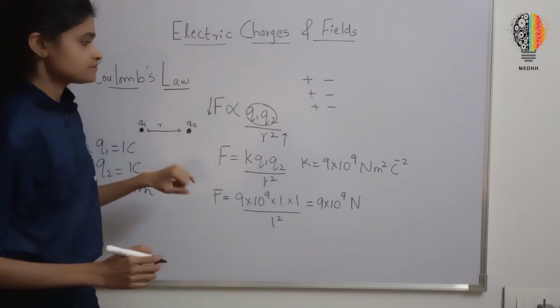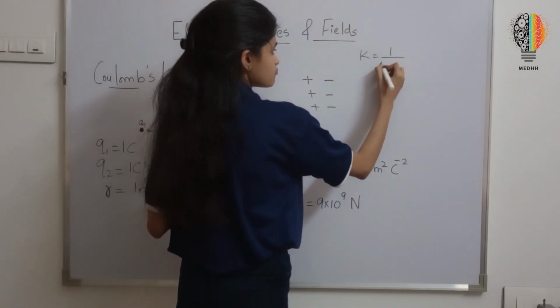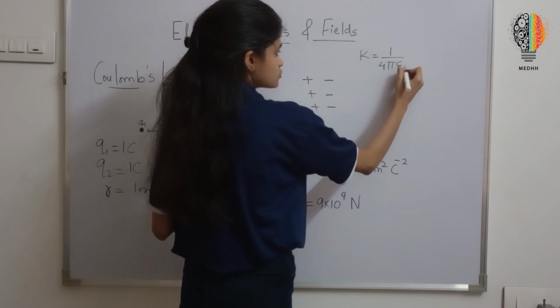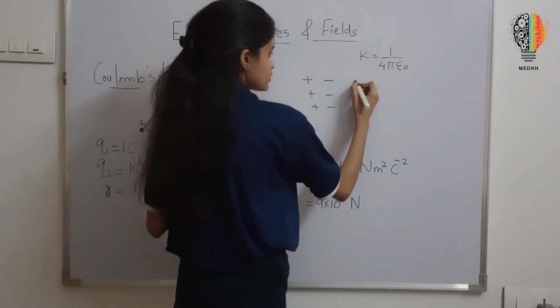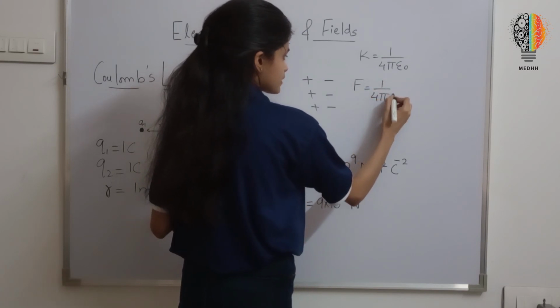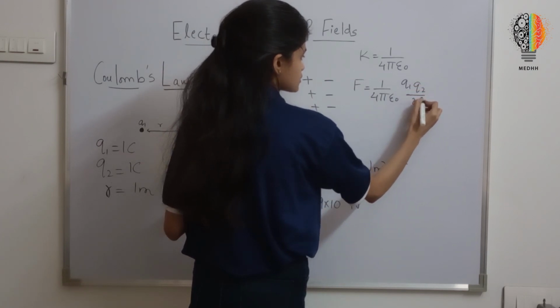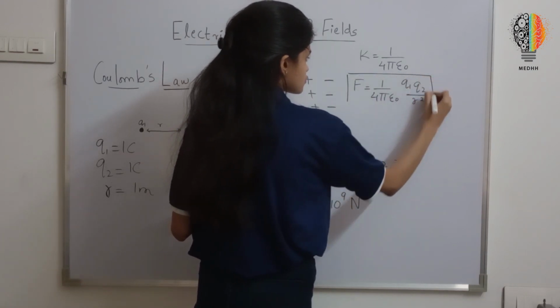Now, in this formula, K can also be written as 1 upon 4 pi epsilon naught. So, F will be 1 upon 4 pi epsilon naught Q1 Q2 by r square. So, this is Coulomb's law.